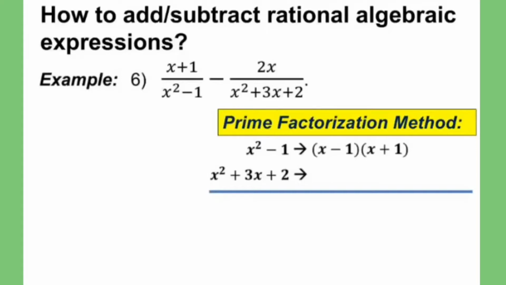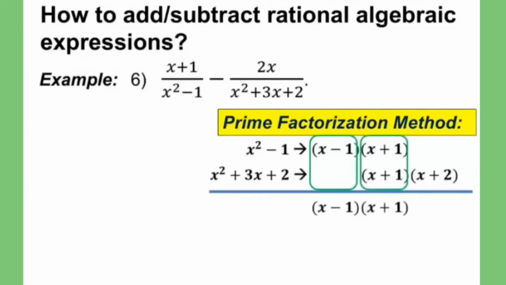And in our trinomial denominator x squared plus 3x plus 2, this can be factored as x plus 1 times x plus 2. We align the common factors. So we now list the factors for our LCD. First, we have x minus 1. Second, we have x plus 1. And the third factor would be x plus 2. This is already our LCD.